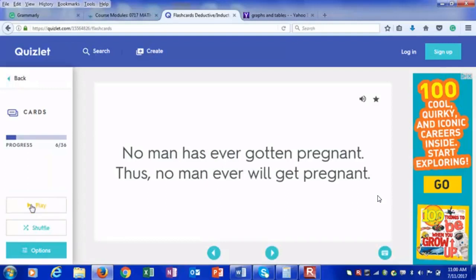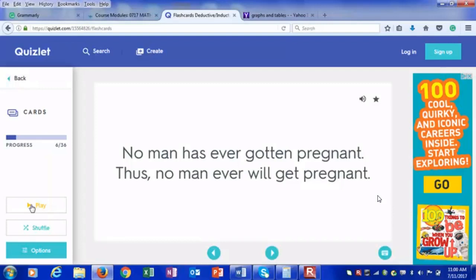No man has ever gotten pregnant. Thus, no man will ever get pregnant. Inductive or deductive? Is it inductive, based on the pattern that no man has ever been pregnant? Or is it based on logic? No man has ever gotten pregnant, ever being the key word, thus no man ever will get pregnant.